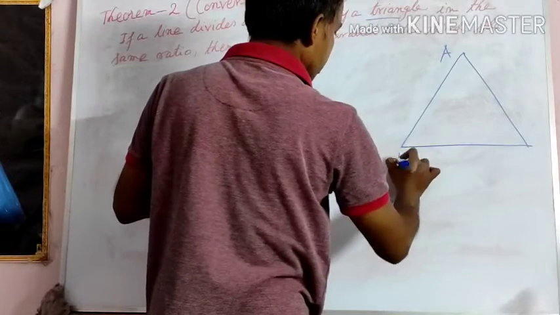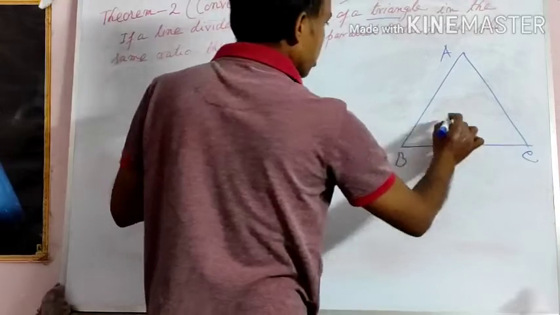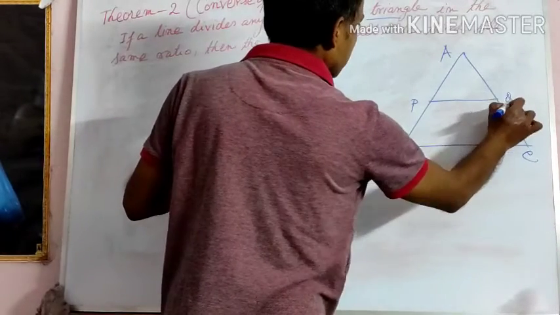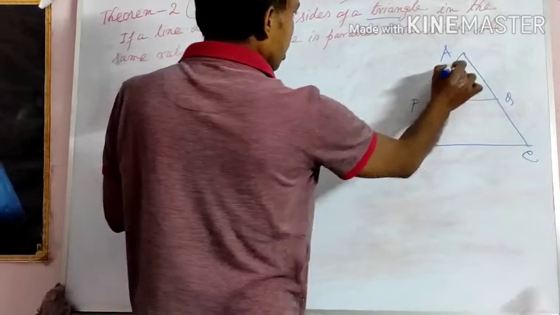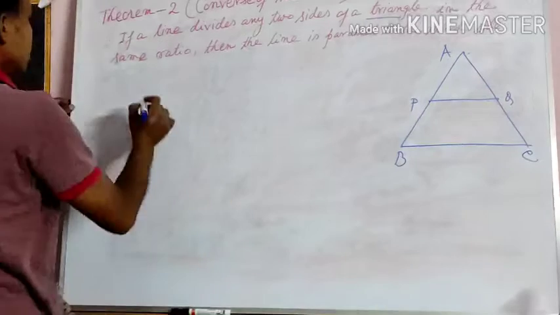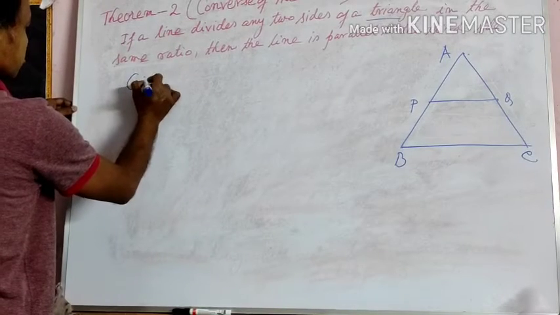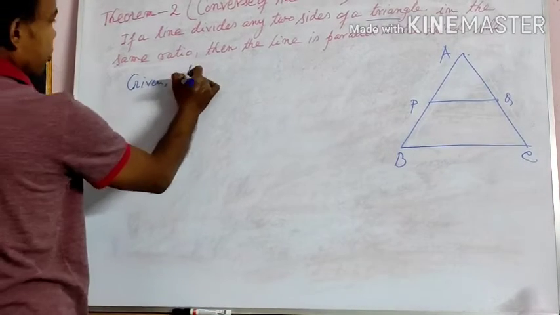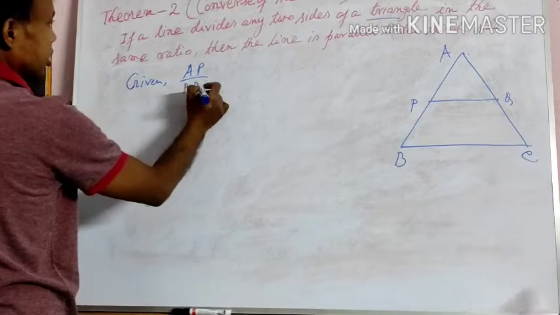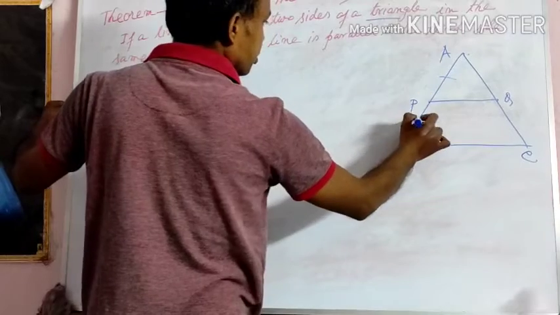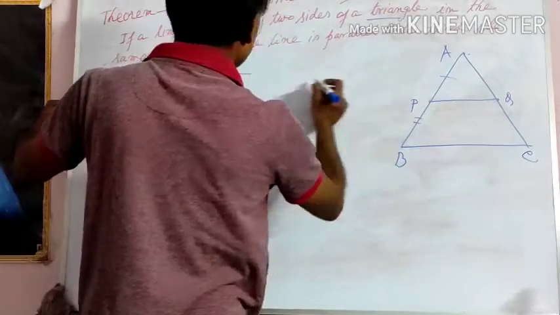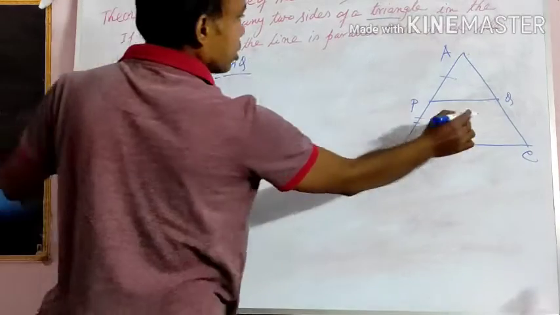Triangle ABC. Let a straight line PQ divide AB at the point P and AC at the point Q. So given here, AP by PB, that is AP means this is your AP, PB means this is your PB, is equal to AQ, this is your AQ, by QC.